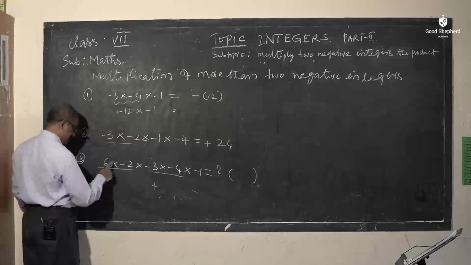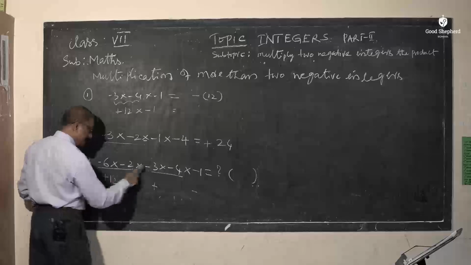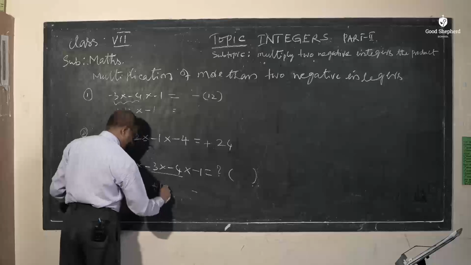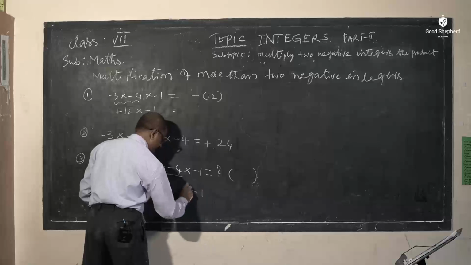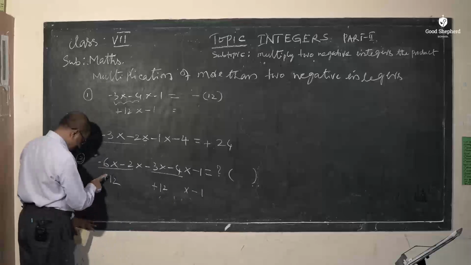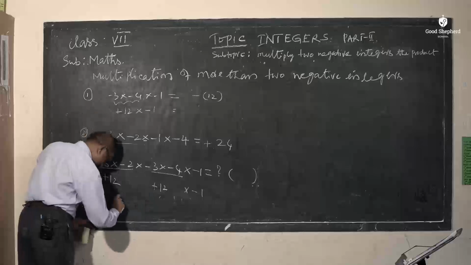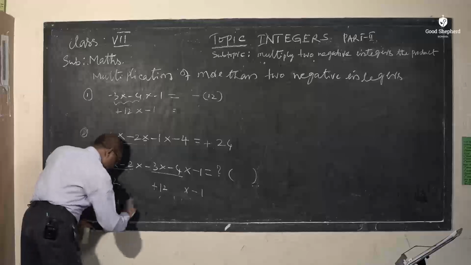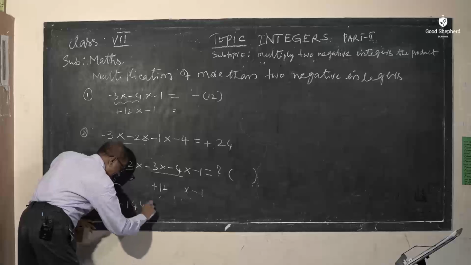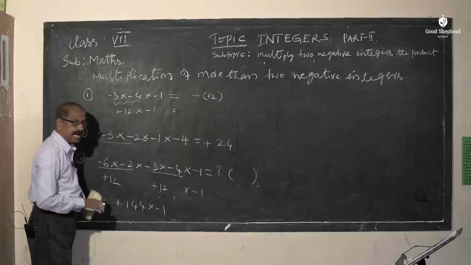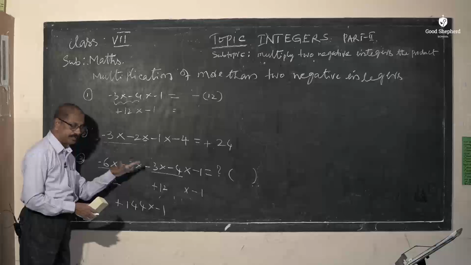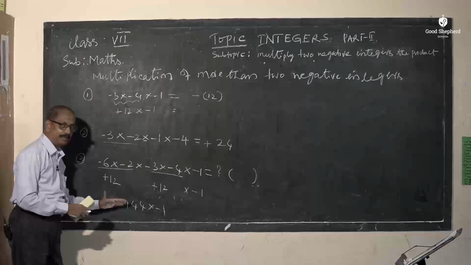Now we write it: 6 2s are 12, 3 4s are 12, and this is minus 1. I have to do the product. Plus into plus is plus. 12 12s are 144, and into minus 1. See how I am doing every step, every sequence. You see what steps I am doing here.